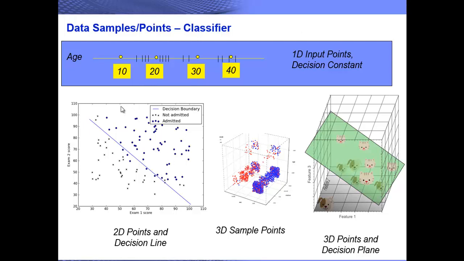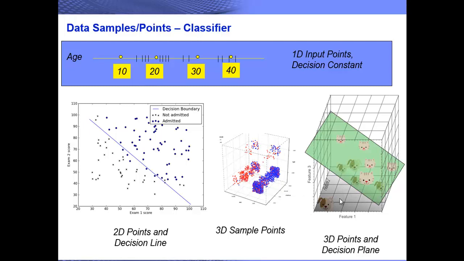So the objective of this slide is, when you have one dimension, you have a decision point here which is a constant. When you have two-dimensional data, you have a decision boundary as a line, okay? And when you have 3D data, you can plot this way with different colors.